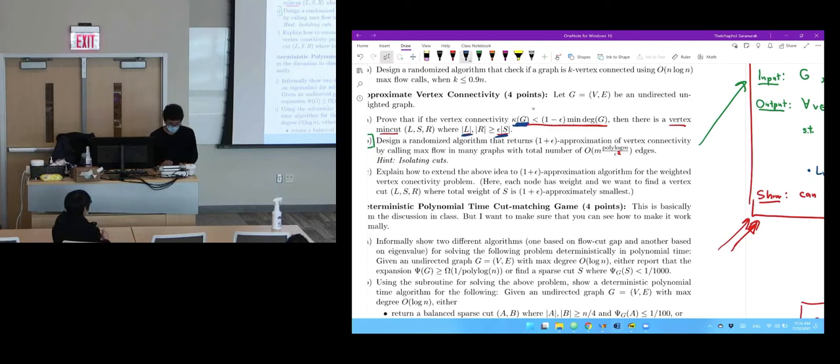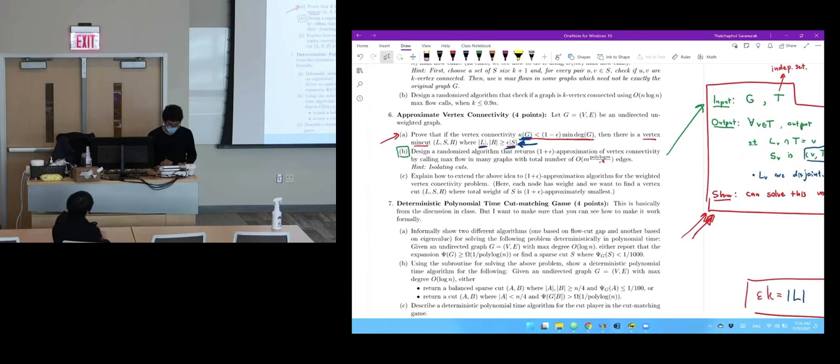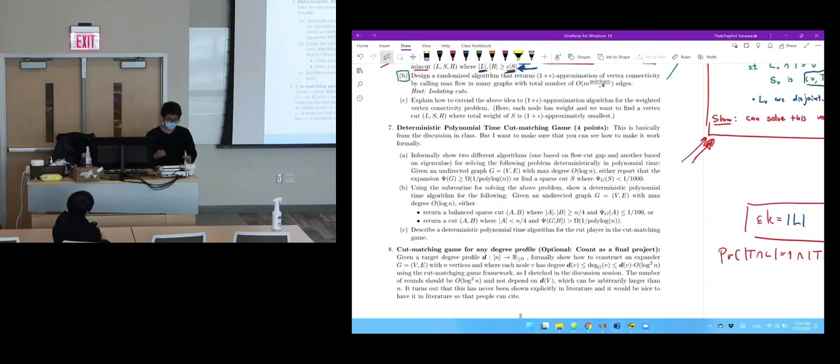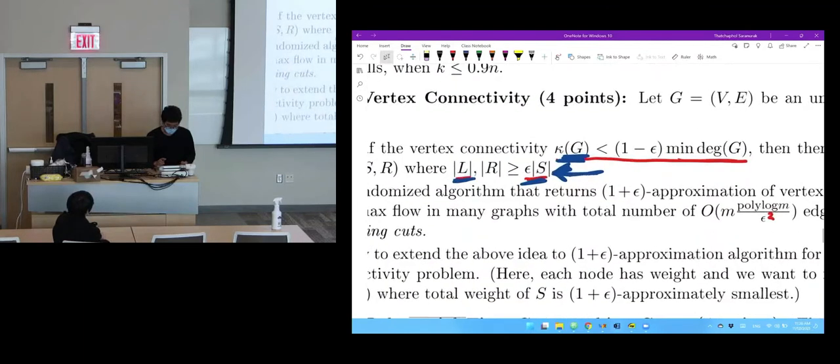When this happens, it's not clear how to just sample a pair, because it's true that L is as big as S, but all of them can still be very small.